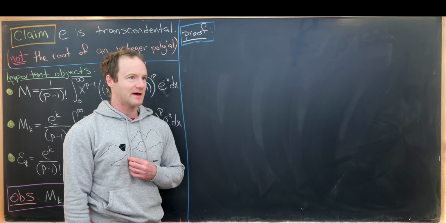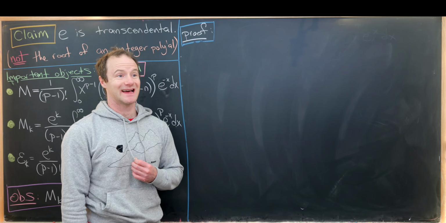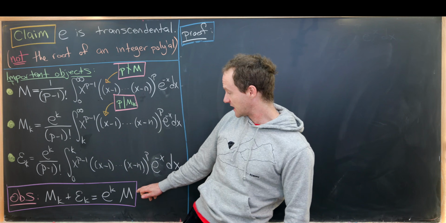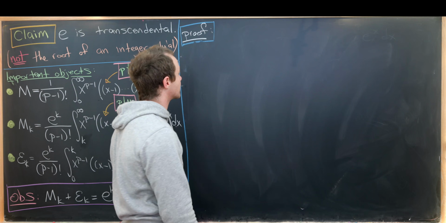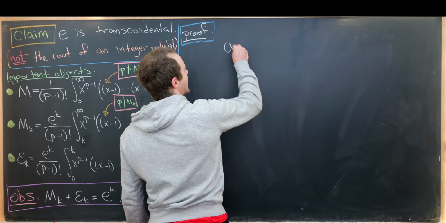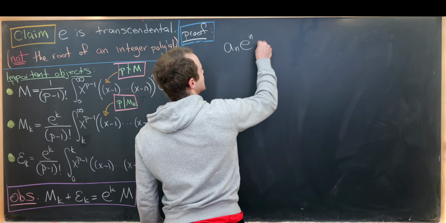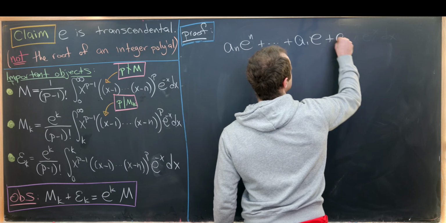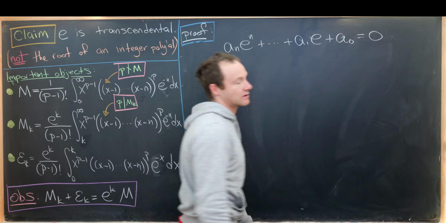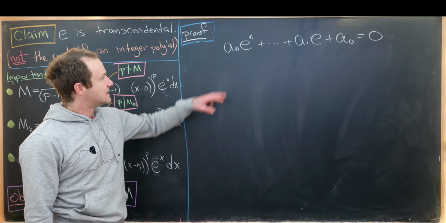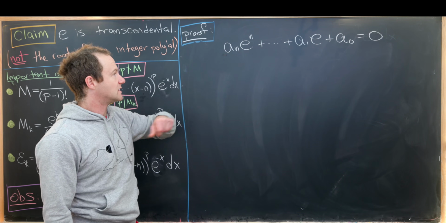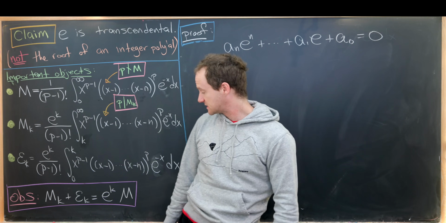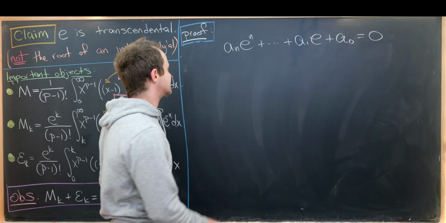Okay, now we want to jump back into the polynomial equation that is satisfied by e towards our contradiction and interject this observation right here. So let's recall that we had a sub n e to the n plus all the way down to a1 e plus a0 equals 0. Okay, now from here, what I'll do is I'll put in all of these values of e to the k, just for each of these cases.